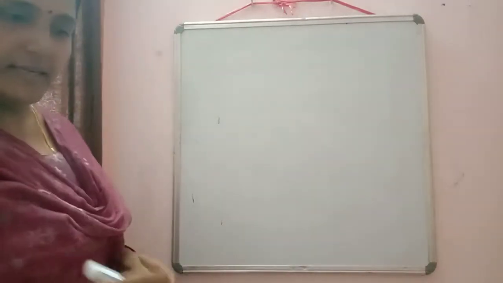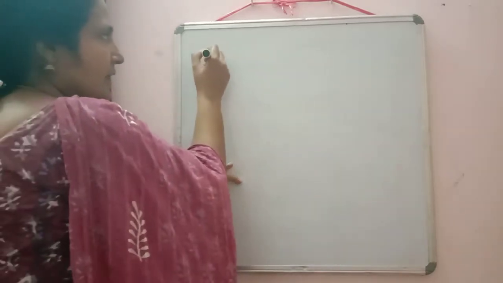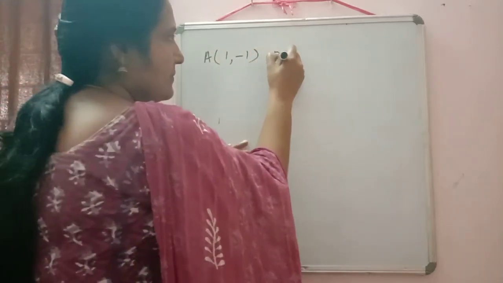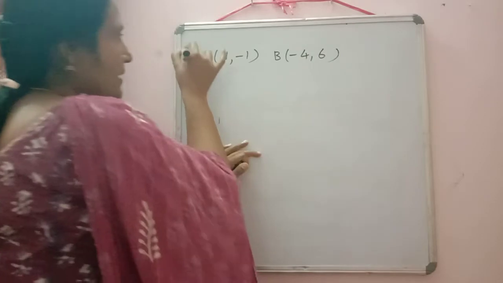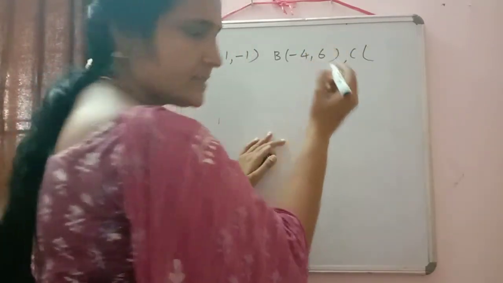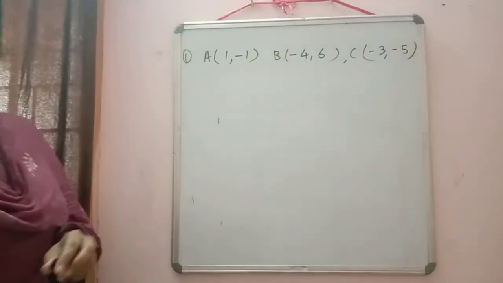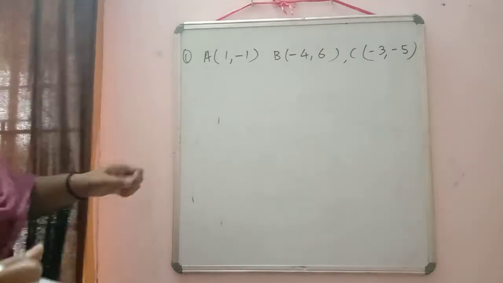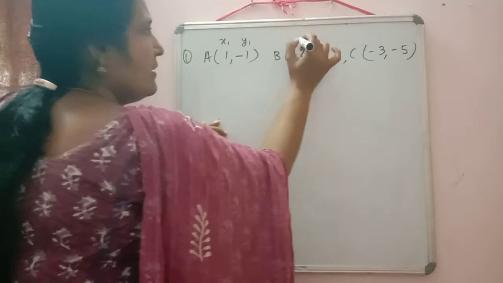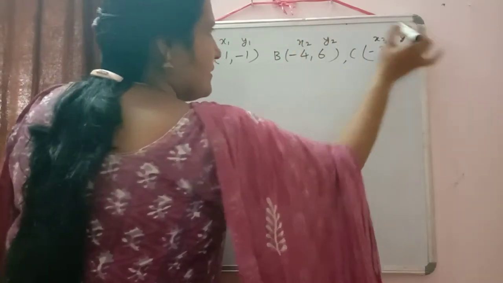The first question is, find the area of the triangle whose vertices are A 1 comma minus 1, B minus 4 comma 6, and C minus 3 comma minus 5. We have to find the area of the triangle. These vertices are given, so for our convenience we write which one will be x1, y1, x2, y2 and x3, y3.